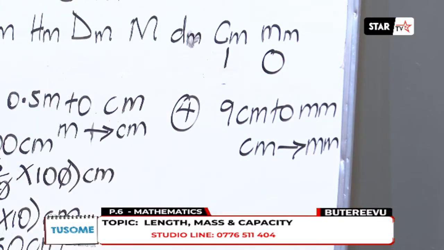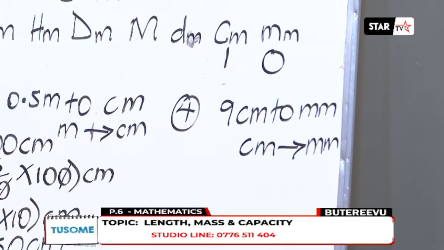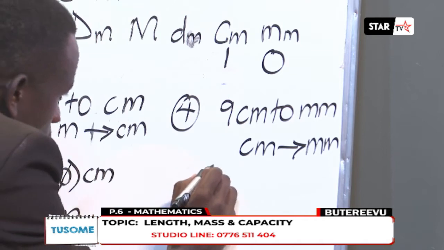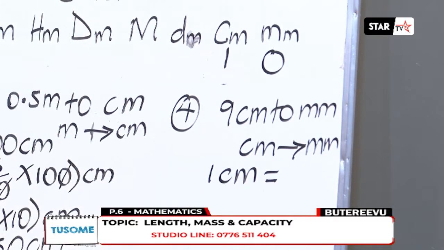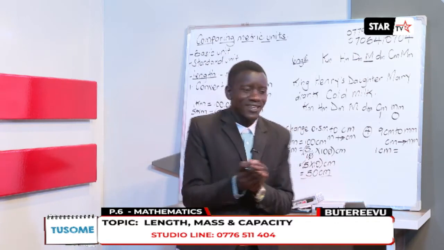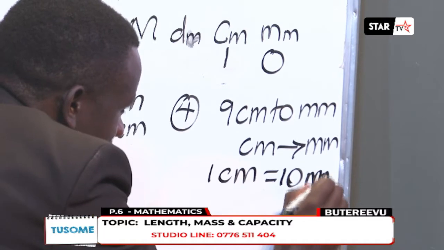Already I've reached millimeters. And I'm told to convert centimeters to millimeters. My statement would be 1 centimeter is equal to 10 millimeters.